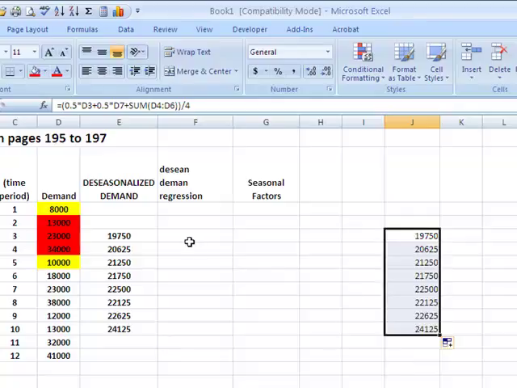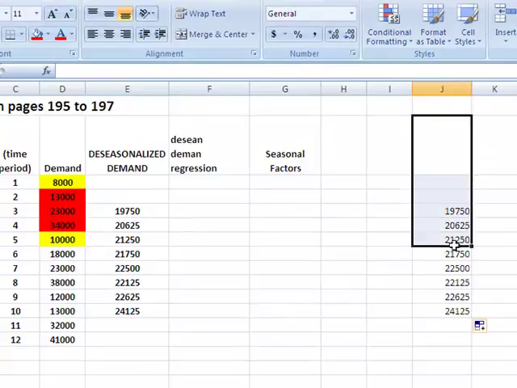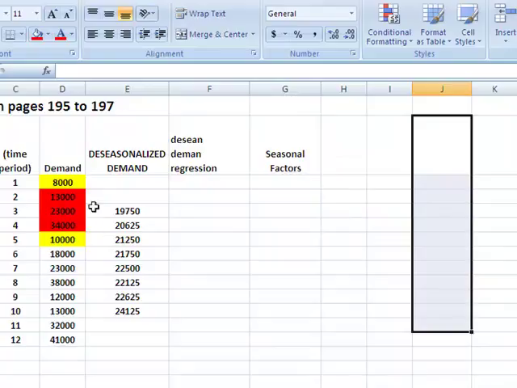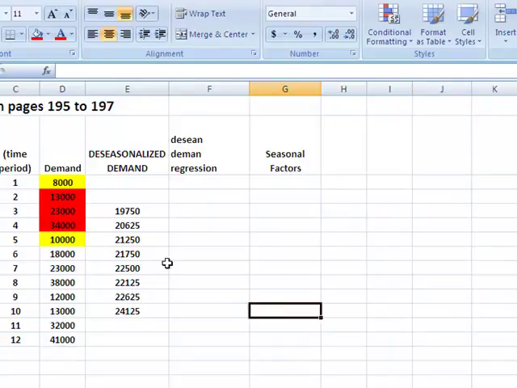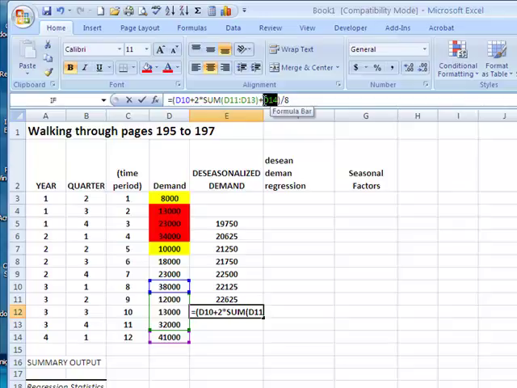And notice that, at this point I'm going to just erase all of this. That was just for your information. I don't want to confuse anyone. If you like to stick with the book's method, be my guest. But over here, notice I stop at this period. The reason why I stop at this period is the last demand number that I've used is, I'm sorry, cell D14.